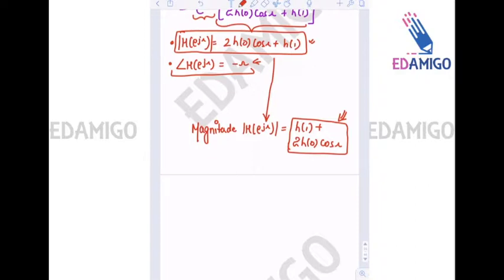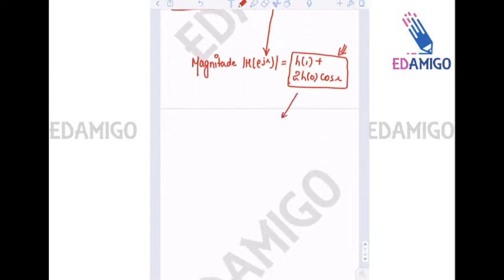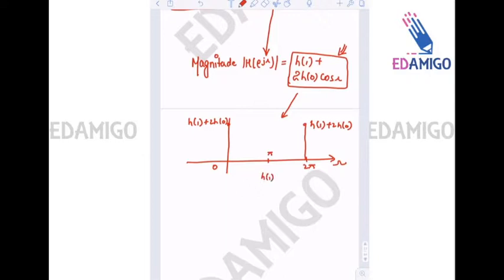If I plot this, then the plot will be on the ω axis going from 0 to 2π. So it will be h1 plus 2h0, and at 2π also this will be h1 plus 2h0. At π it will be h1 minus 2h0.